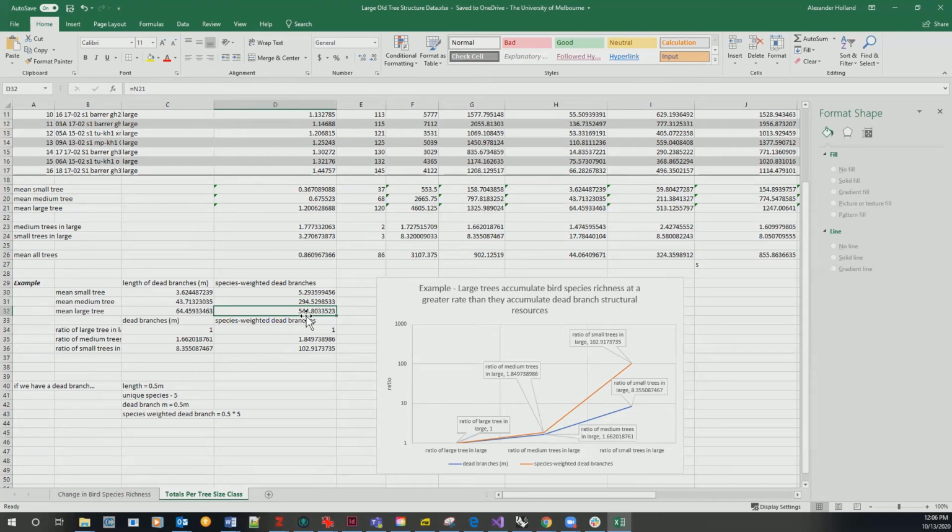However, what I'm interested in is comparing the ratios. So if we look at the ratio of medium trees in a large tree, you can see that jumps up to 1.8 medium trees in a large tree if we're looking at species weighted dead branches, and a whopping 102 small trees in a large tree.